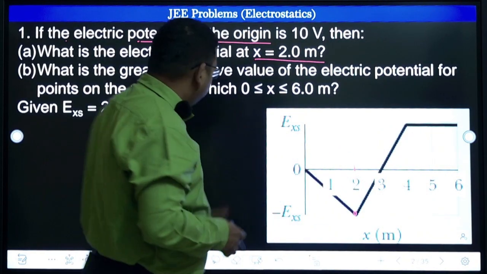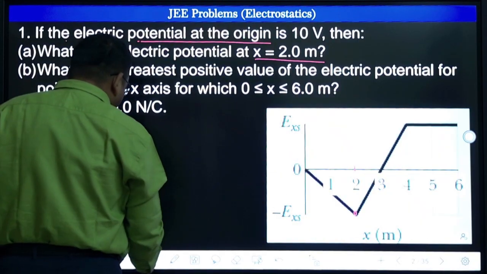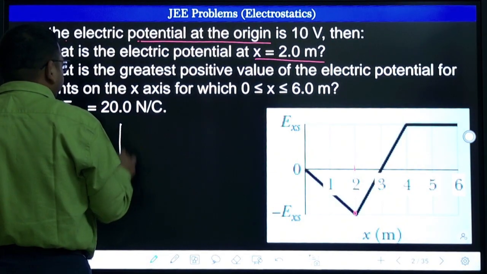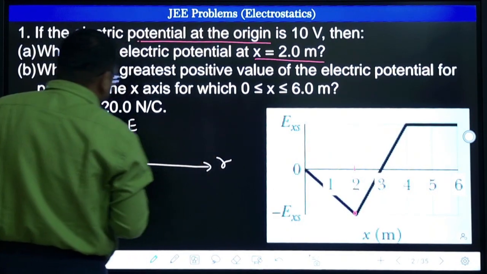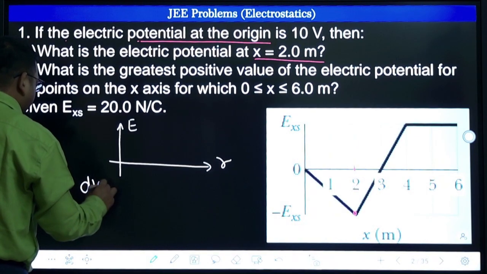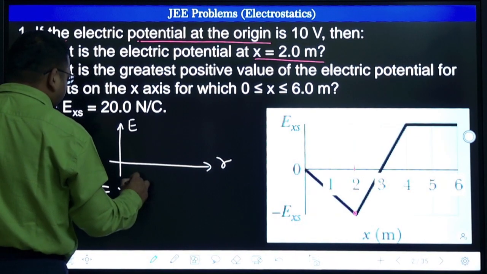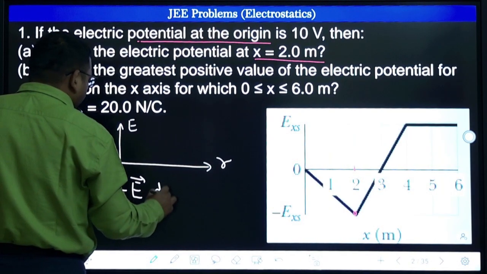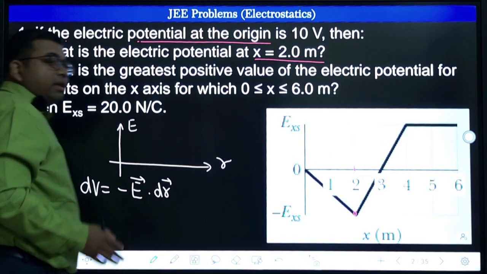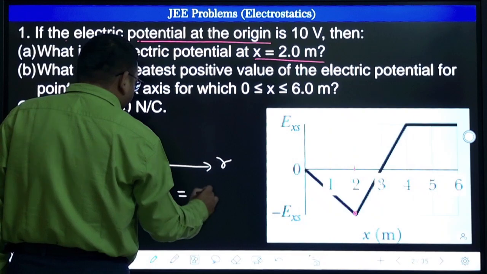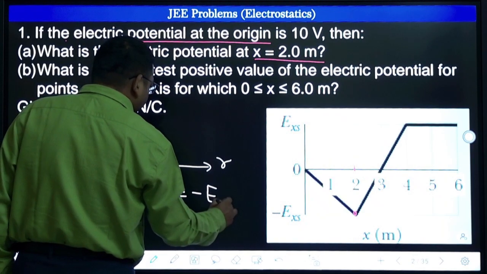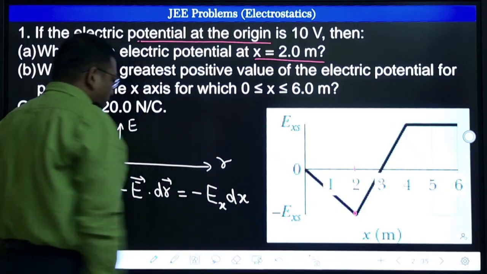Note that here the electric field versus distance graph is given. We know dV is equal to minus E dot dr, and here the x components are given, so we can simply write this as minus Ex dx.